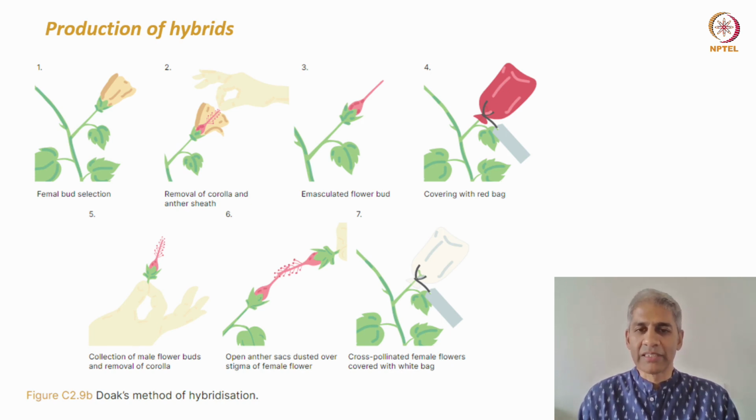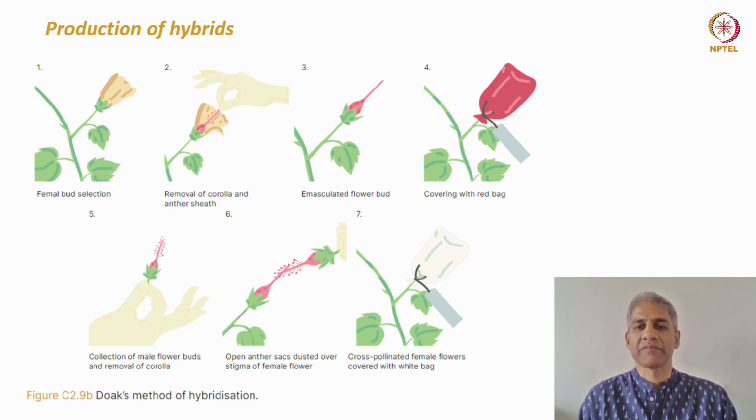And at a particular time of day, you dust these anthers over the previously selected female flower. And typically, one anther can be used to fertilize 4 to 5 female plants. And there is a particular time of day, in the morning, at which the stigma is most receptive. So that's when this operation is done.